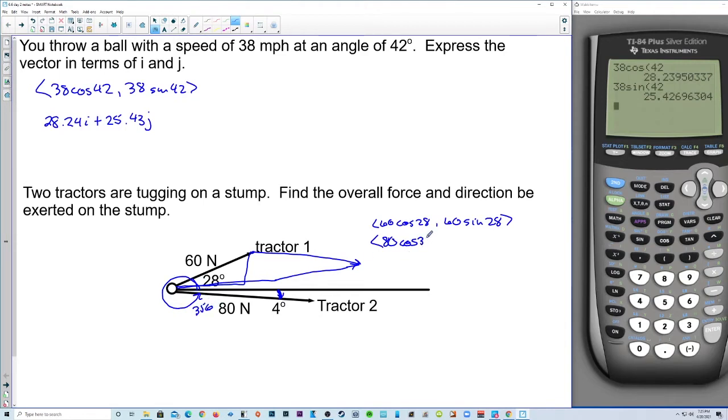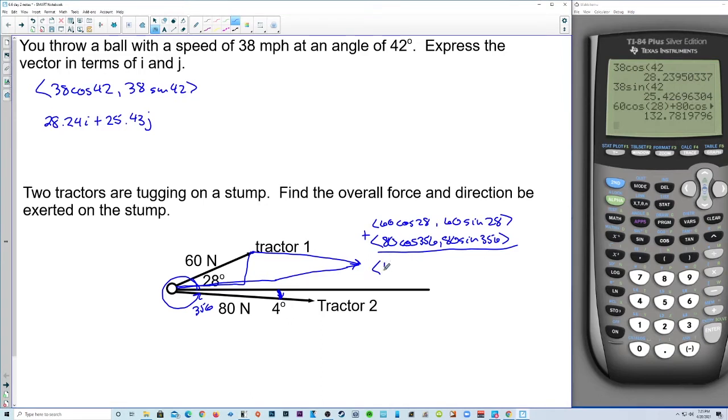So cosine of 356 and 80 sine of 356. Now we want the component form of the resulting vector, so we're going to add these two together.